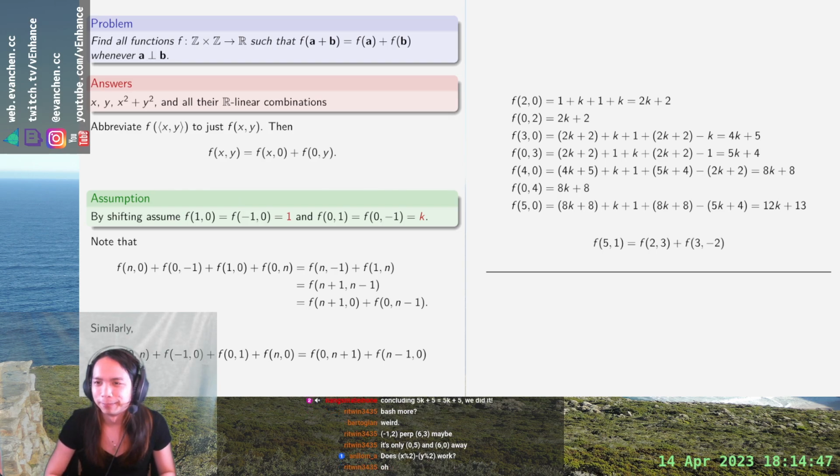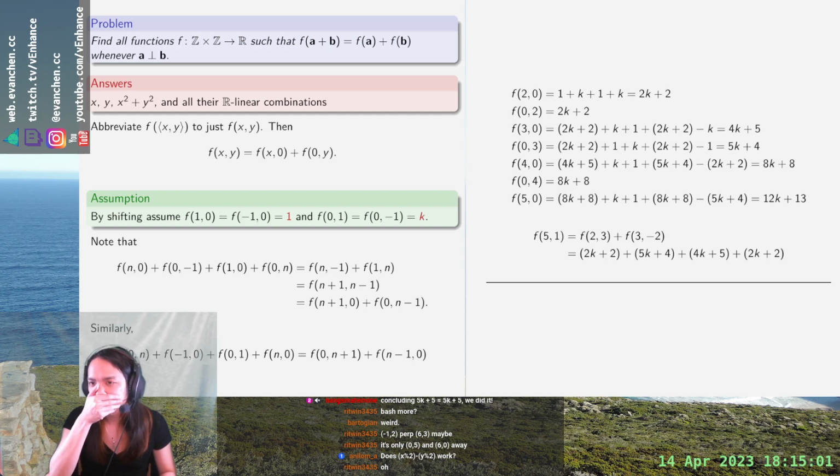Which is 2k plus 2 plus 5k plus 4 plus 3 is 4k plus 5, and f of (-2) should still be 2k plus 2 because everything's symmetric. And then f of (5,1) is what we saw. F of (5,1) is 12k plus 13 plus k.